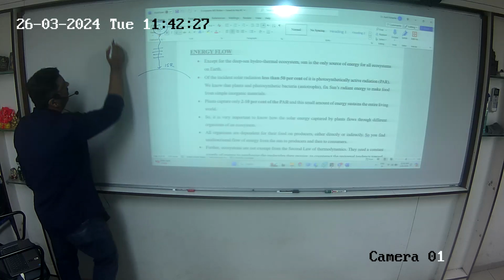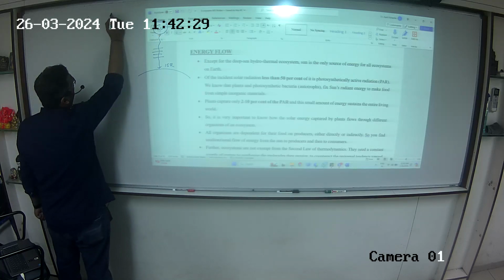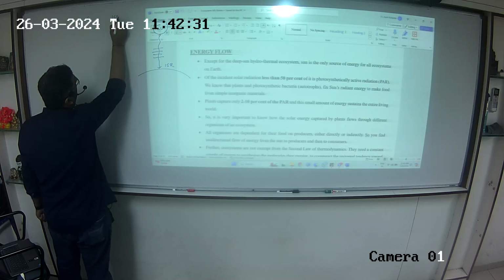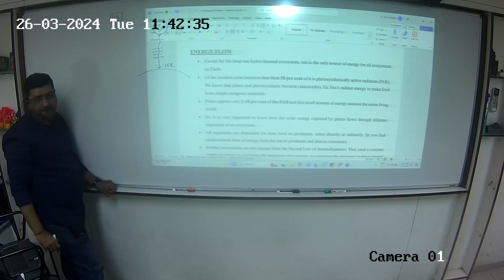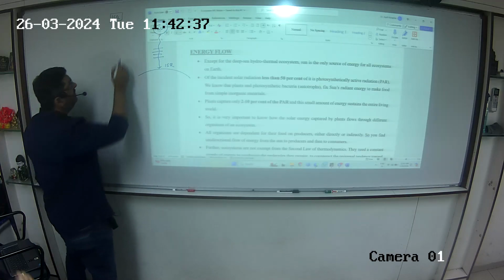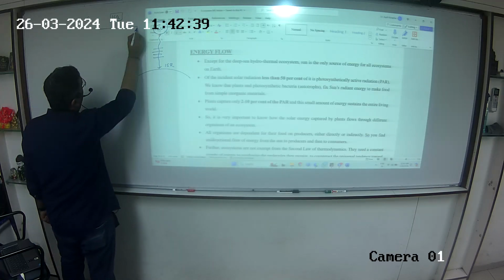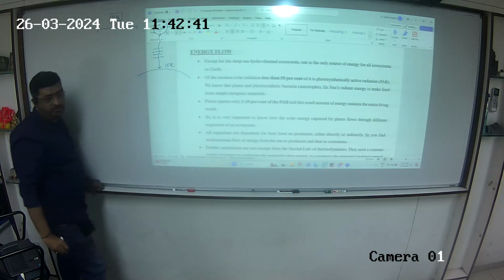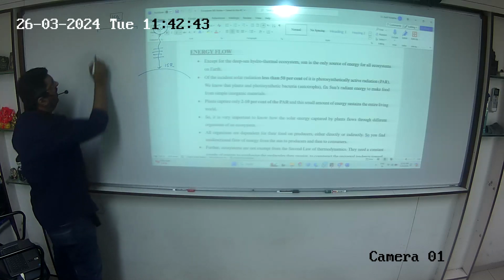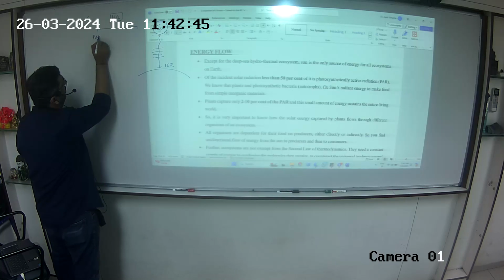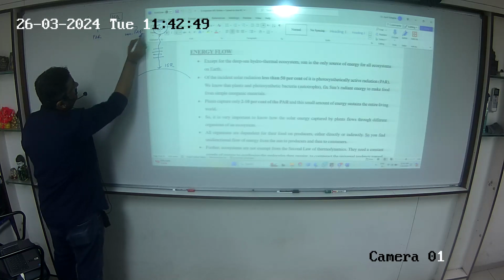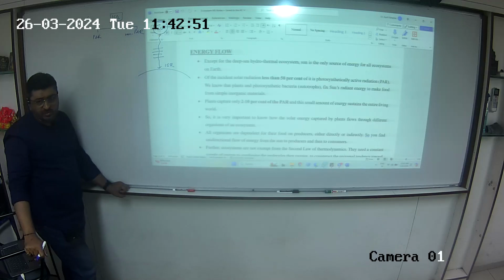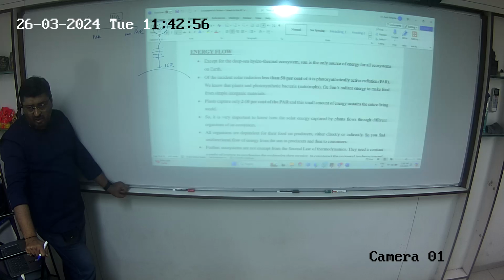So what falls on the earth is ISR. Now this ISR has two parts. One is PAR, that is photosynthetically active radiation, the other is non-PAR.